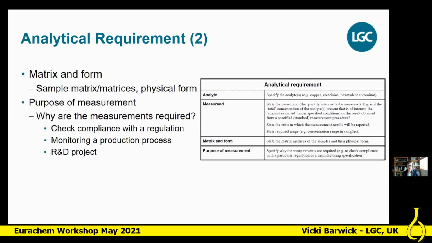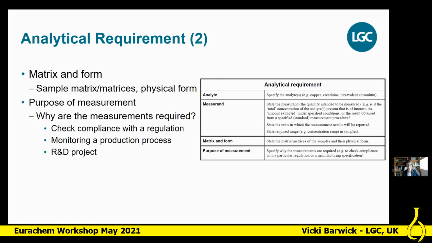Because that will impact on our performance criteria. So in some cases, we may need a very high performing method that delivers results with a very small uncertainty, but in other cases, a larger uncertainty might be tolerable. So we should not only understand what it is we're measuring and what we're measuring it in, but also what those results will be used for.